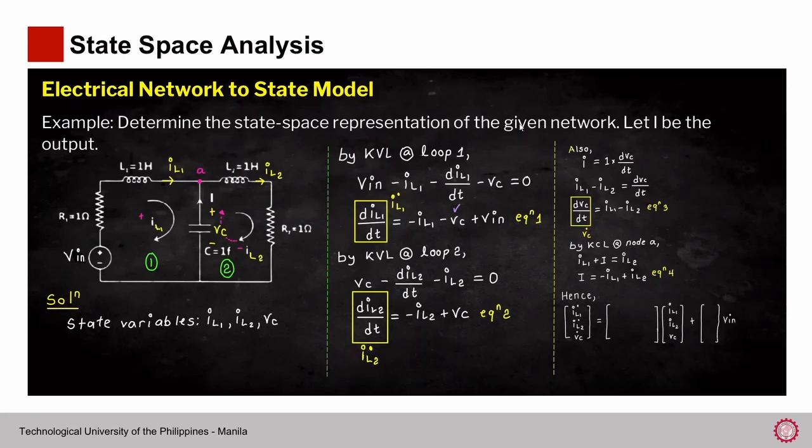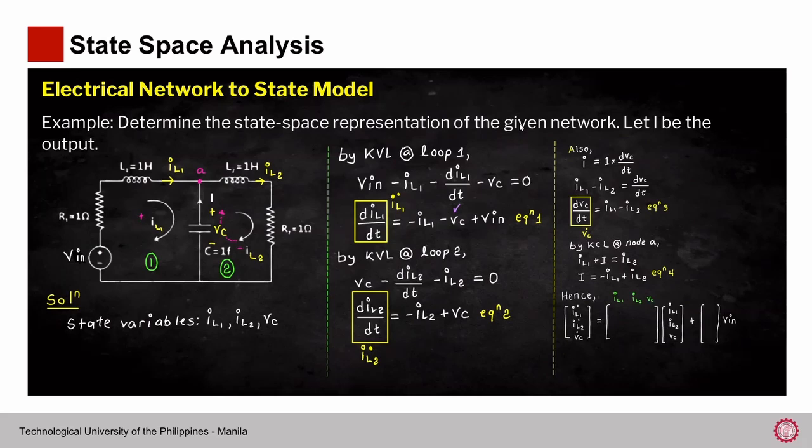Okay, so ano pong isusulat natin dito, guys? Let's put the markers so that we will not be confused. So this is IL1, this is IL2, and this is the VC.